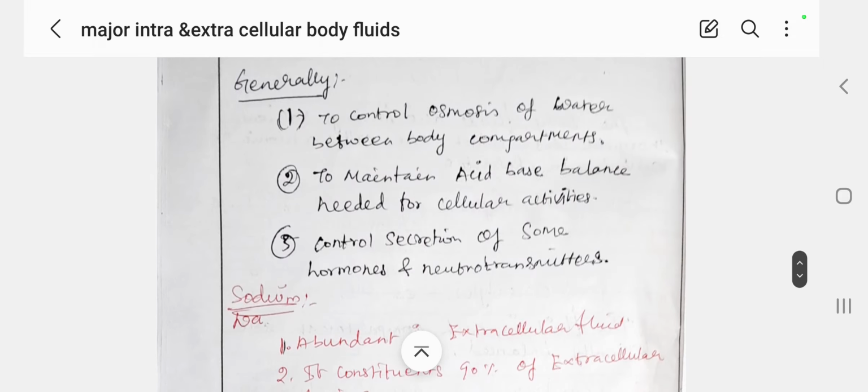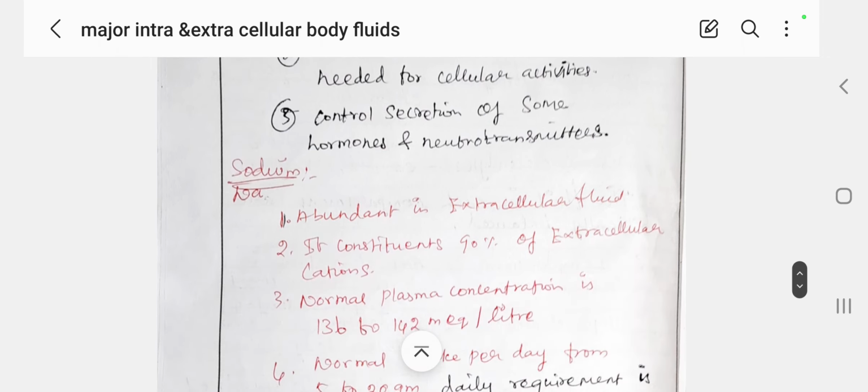Generally these three roles are important to maintain the ionic electrolytes in the body fluid. Let's see the first one, sodium.